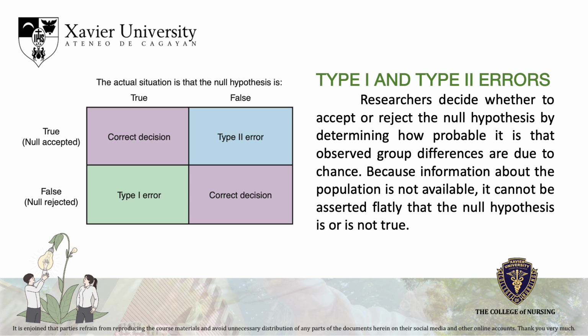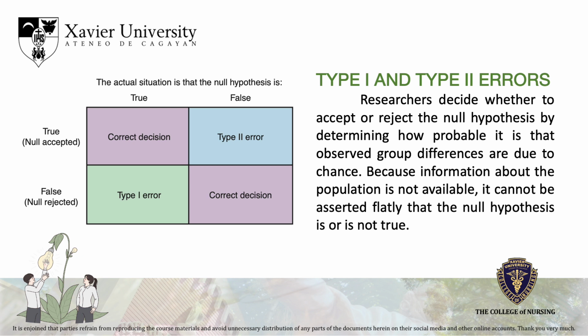So researchers must be content to say that hypotheses are either probably true or probably false. Statistical inferences are based on incomplete information. Hence, there is always a risk of making an error. That is why we always include in our recommendation future studies to be conducted.